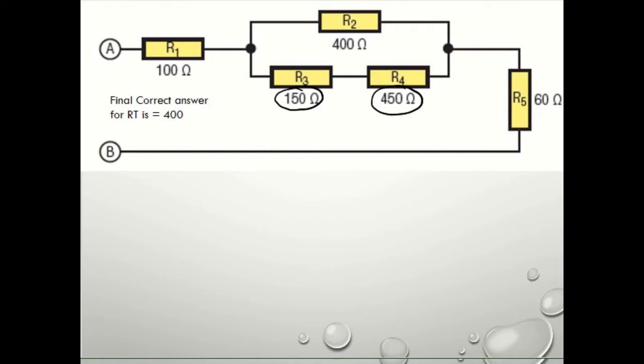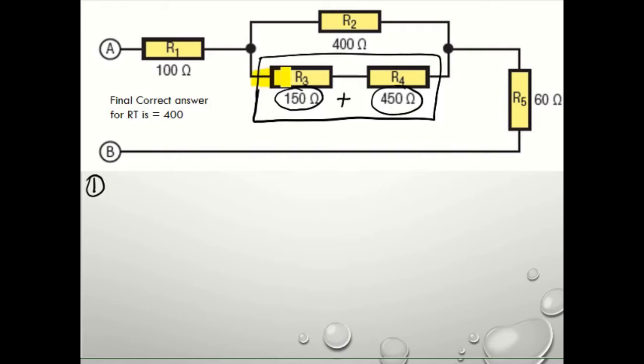Because we need to simplify this circuit, we're trying to get it down to one resistor. Okay, so let's start by redrawing this circuit. The RT of these two resistors would simply be the addition of them, because these two resistors are in series.